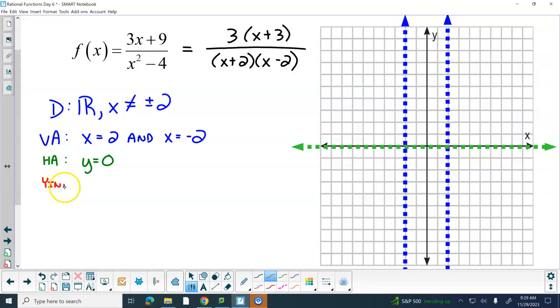Y-intercept. Plug in 0, right? Which we found was negative 2.25. Yeah.